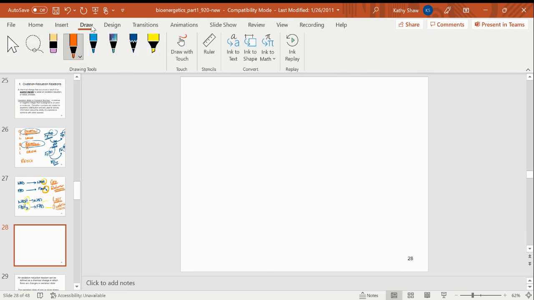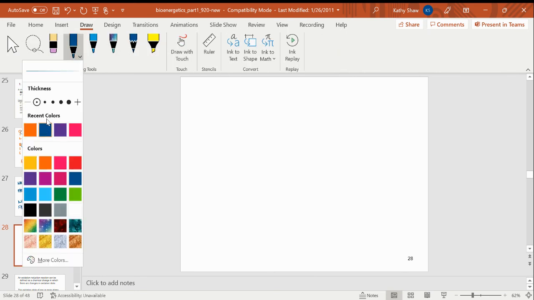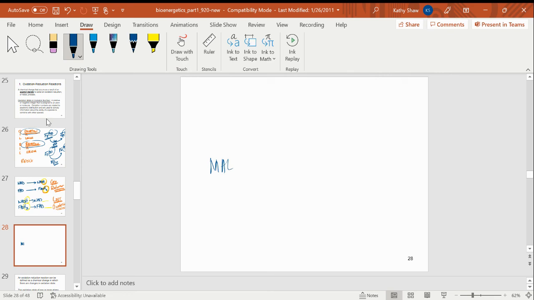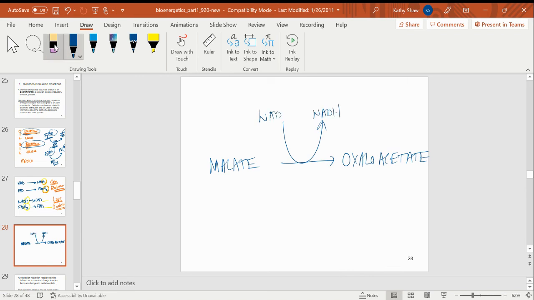So let's do a reaction that's a very common reaction we're going to see in a lot of different places. I can have a molecule called malate, and we'll get into the structure later, going to a molecule called oxaloacetate. For malate to go to oxaloacetate, NAD goes to NADH.